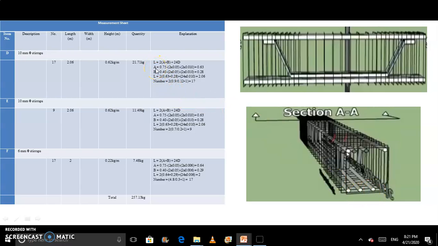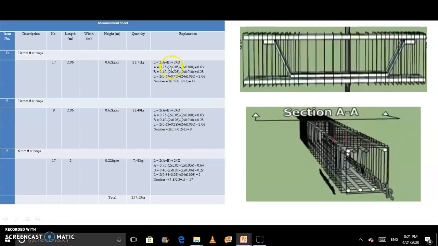Here we first find A. So A is equal to 0.75, why? Because the total height of this beam is 75 mm or 0.075 meter, minus 2 into 0.05. Here 0.05 is the clear cover. So we have to deduct cover also, 50 mm from here and 50 mm from here.